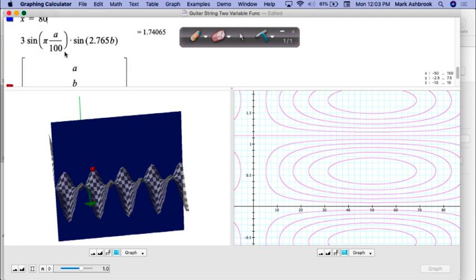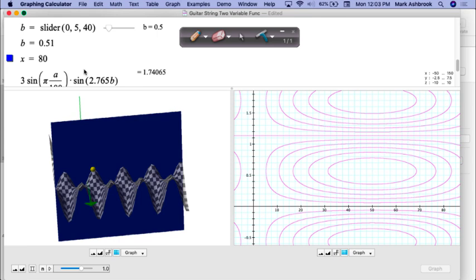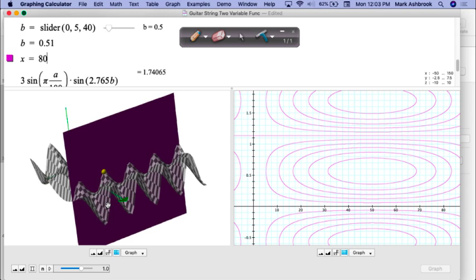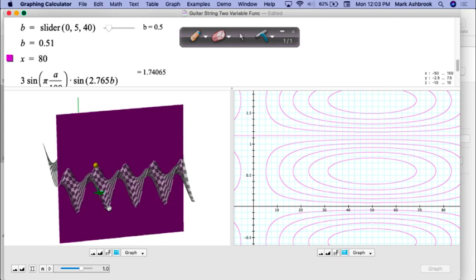Let's try the point differently here. I don't know what's going to be the best color. Anyway, now we're looking at the plane x equals 80, holding x constant, and the yellowish point is the point in question. My goal was for you to see that in the y direction it's kind of at the high point. Does it kind of look like that?